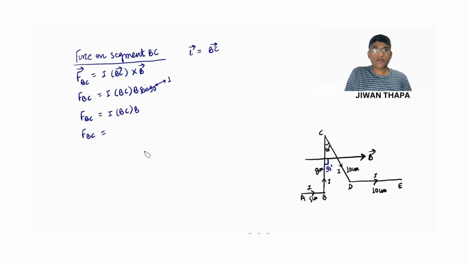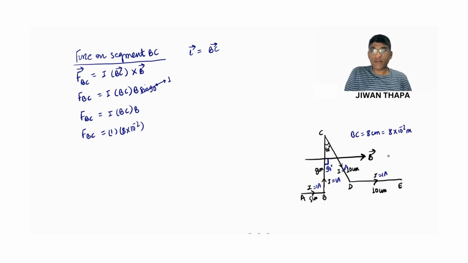We have 1 ampere current flowing through each segment. BC is 8 centimeter in length, so we can write in SI system, BC equals 8 centimeter.